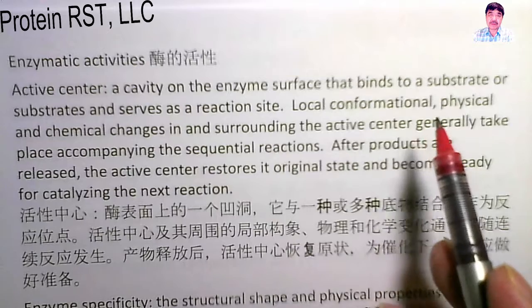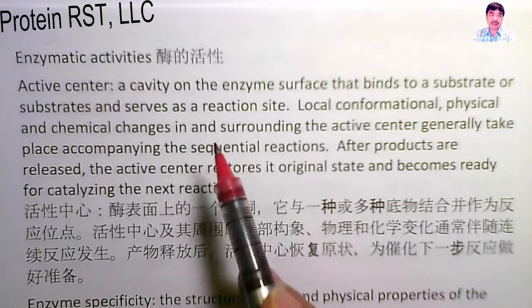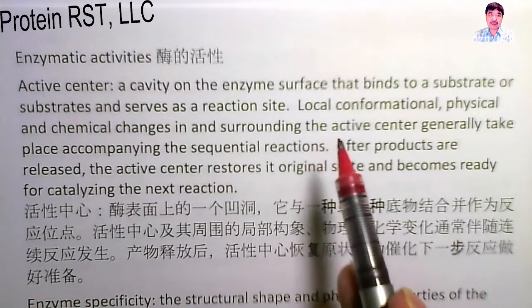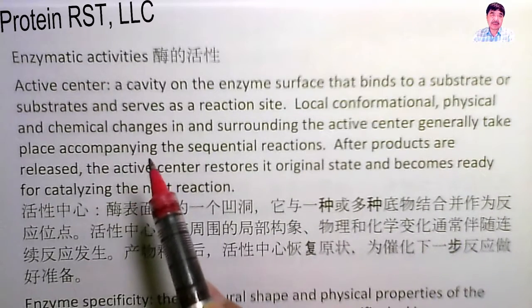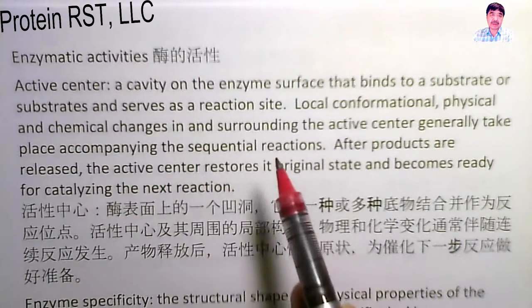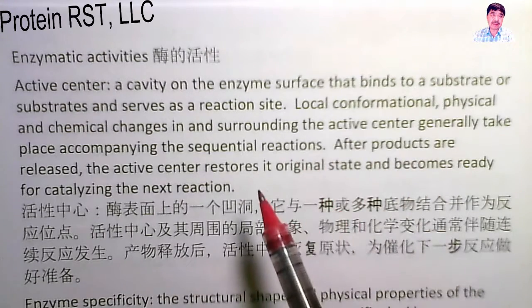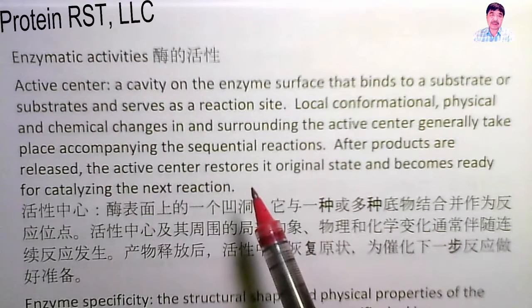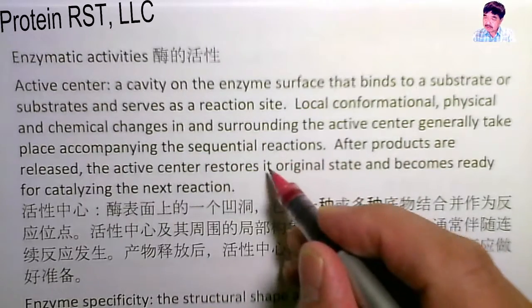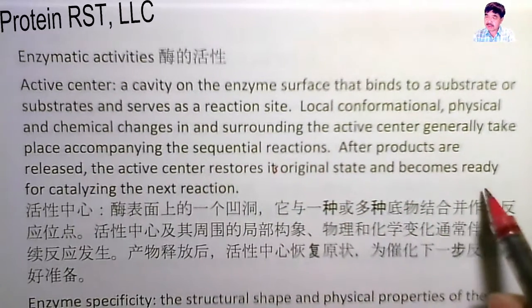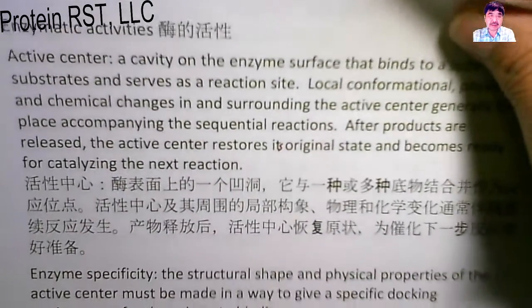Local conformational, physical, and chemical changes in and surrounding the active center generally take place, accompanying the sequential reactions. After products are released, the active center restores its original states and becomes ready for catalyzing the next reaction.